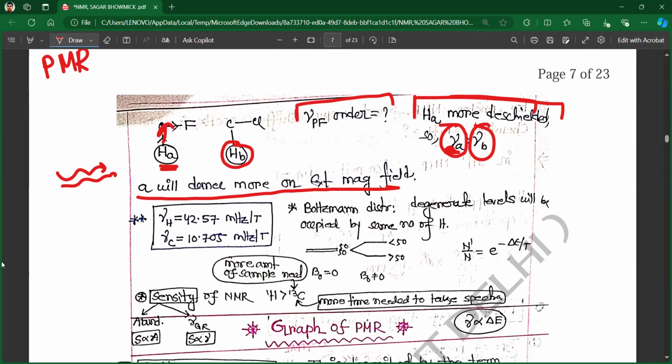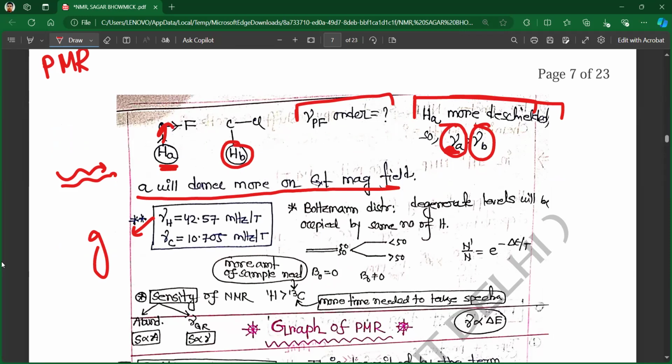there is something called the Boltzmann distribution, and this is basically the gyromagnetic ratio value. For hydrogen, it is 42.57 megahertz per Tesla. For carbon, it is 10.705 megahertz per Tesla. As I have told you, hydrogen has 4 times the gyromagnetic ratio of carbon. It is the actual value.